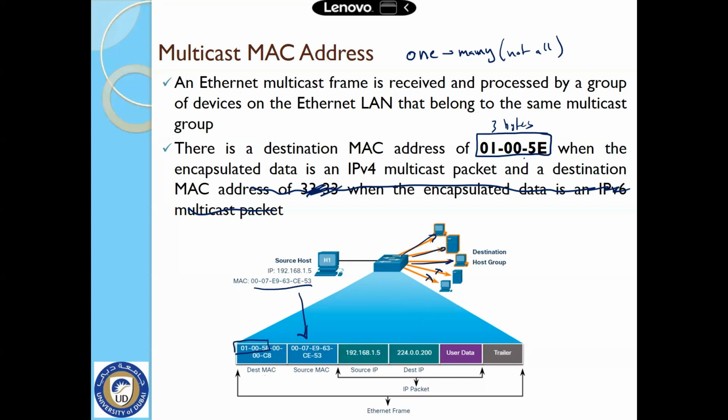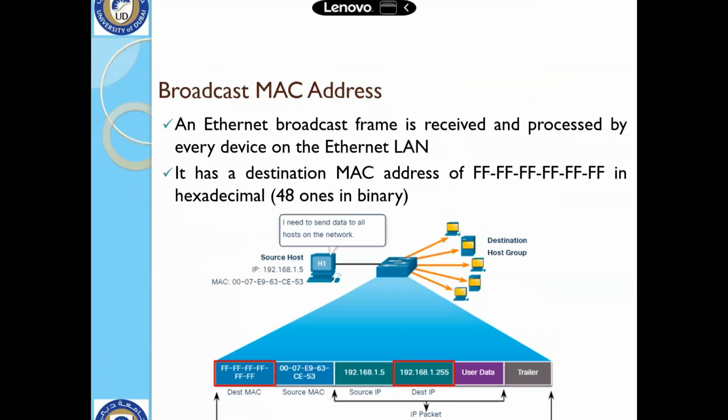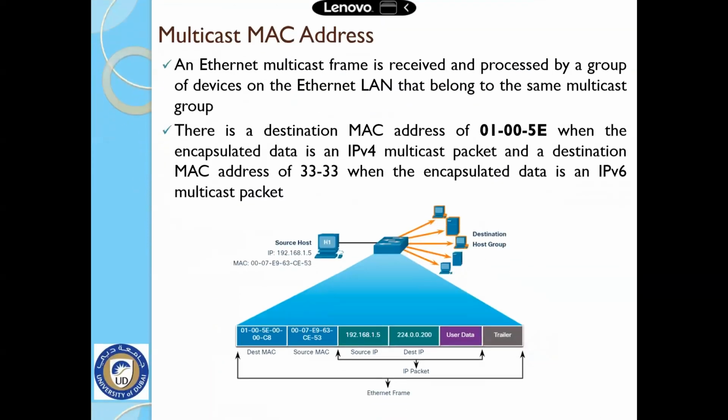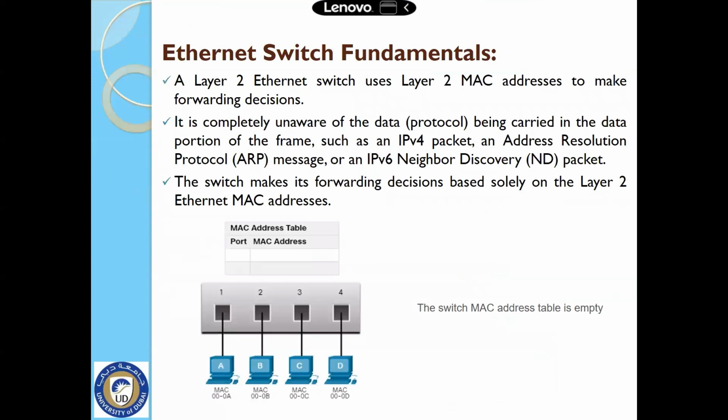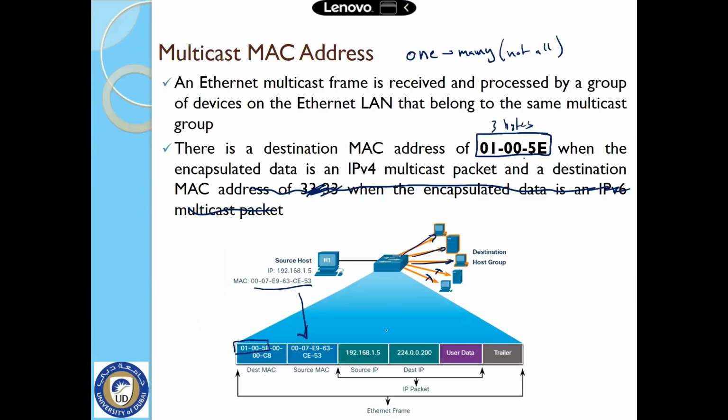All right, so we have the 3 transmission modes: directly one, or unicast, broadcast, and multicast. Okay, so some fundamentals on Ethernet switching. You notice here that the Ethernet encapsulation is unaware of all these details.